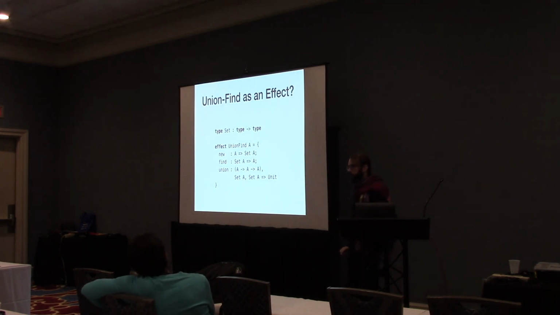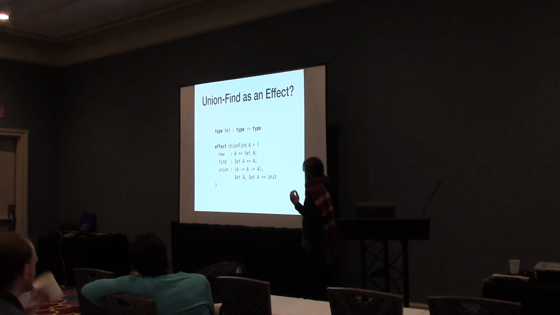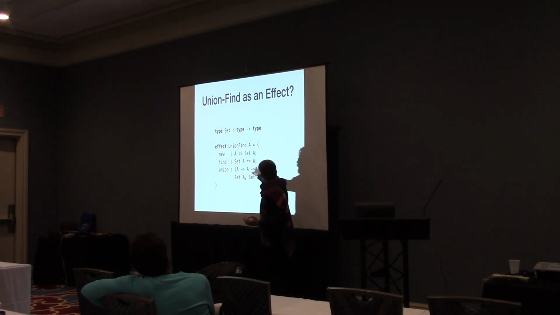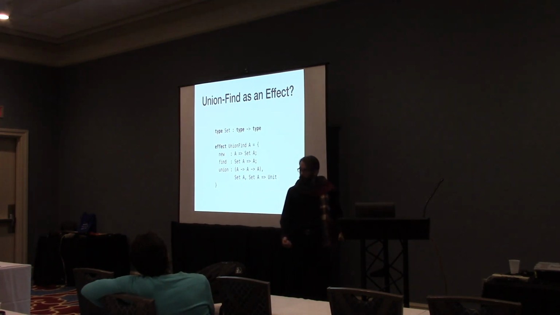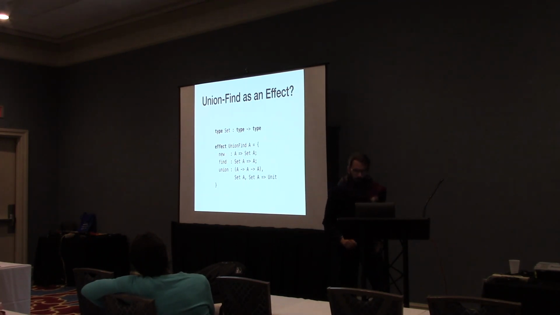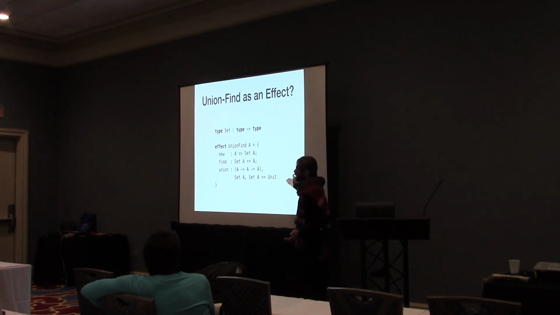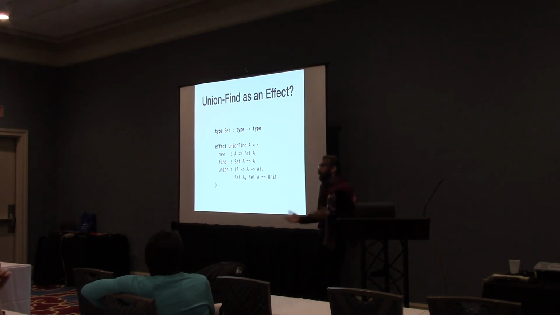It matters a lot which order the effect handlers are composed in. And in this case, it so happens that it's very important that the function for the union gets called at the call site of the union, rather than in the effect handler. And we'll see why in a minute. So it's a specification, but it doesn't quite cut it.